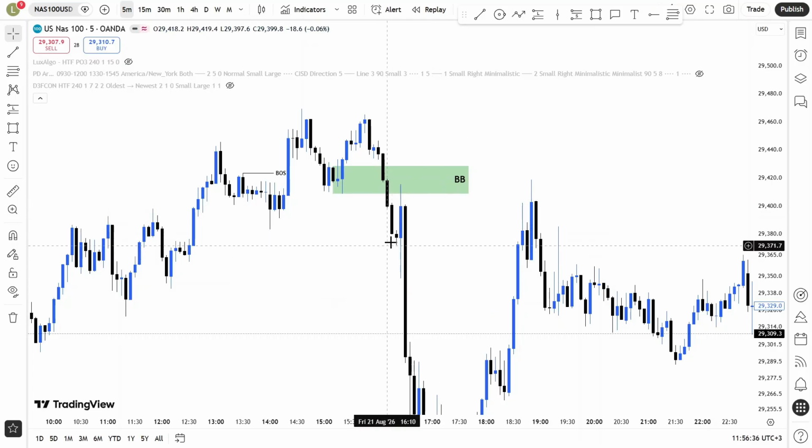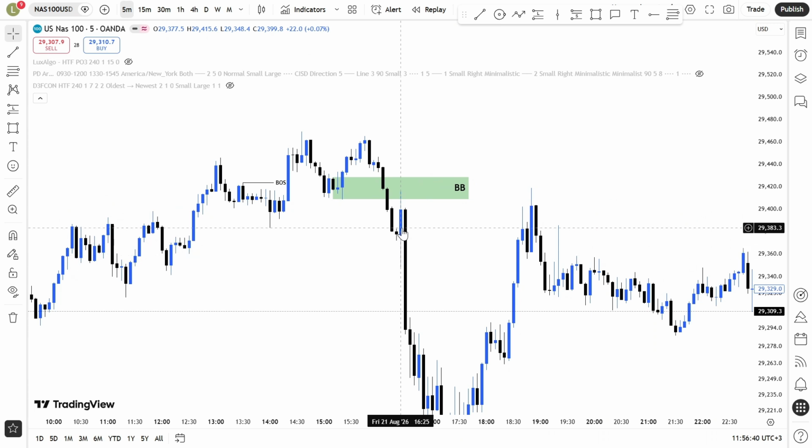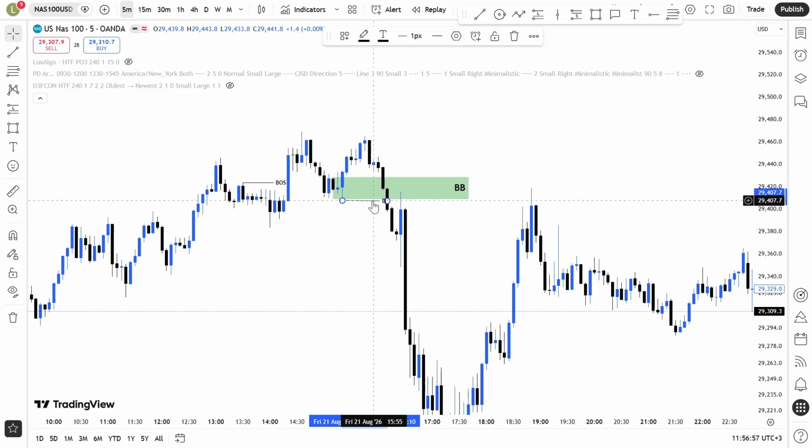So in price retracing back into this breaker block, we expect to place our sales here, okay? Because price turned this order block into a breaker block and broke market structure here. We broke what? Market structure here.